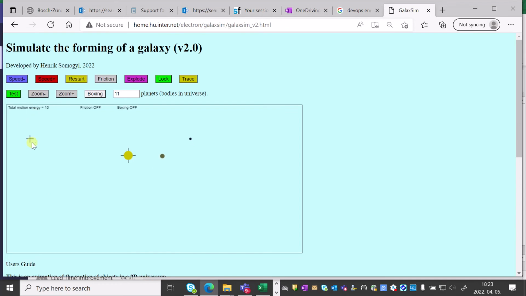Decrease the speed still further. And now we're getting closer to the sun. I make a repositioning so that it's in the middle of the observation window.